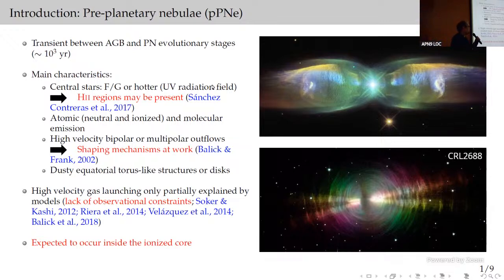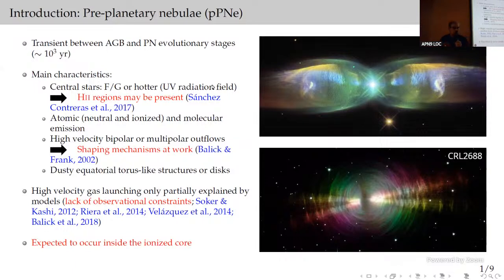The gas in the outflows expands at velocities of several hundreds of kilometers per second, and we still don't know exactly how these outflows are launched. It is supposed that maybe there are very collimated jets, expanding at velocities of several thousands of kilometers per second, that interact with the slowly expanding AGB envelope remnant.